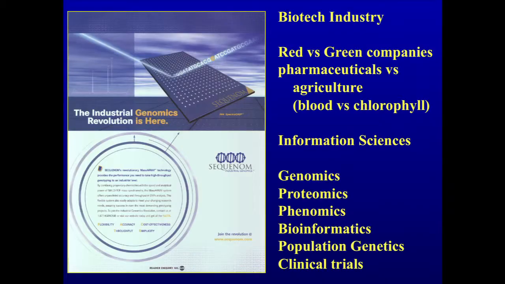But there's also the information-based sciences, and biotechnology, as you'll see in today's lectures, is rapidly moving out of a descriptive science and into an information-driven science. Take that to heart, because that's really where the future is in terms of fields like genomics, proteomics, metabolomics, phenomics, bioinformatics, population genetics, and the information databasing behind clinical trials.